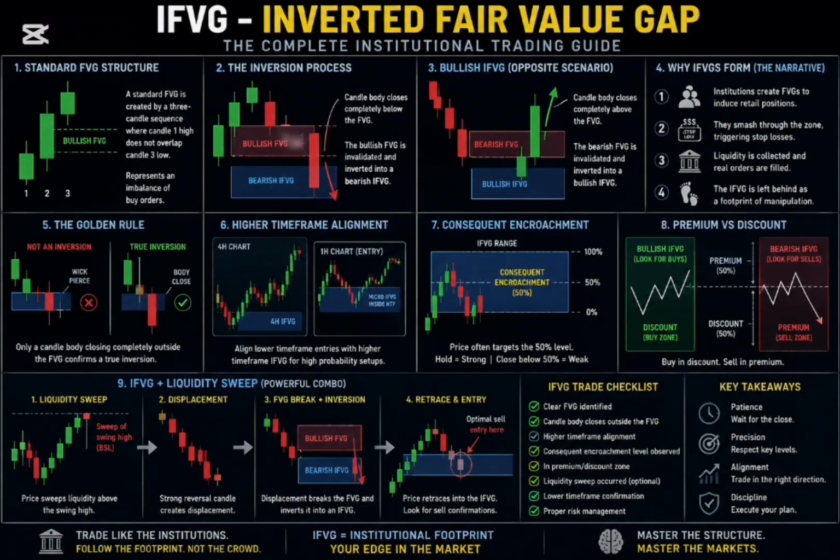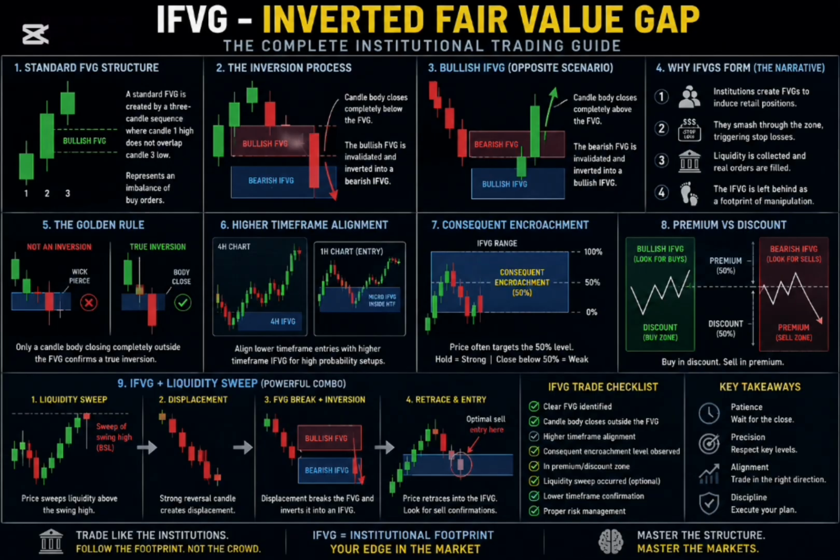For example, if you spot a clean daily or 4 hour inverted fair value gap, mark it out. This higher time frame zone acts as your major directional macro base for the day.